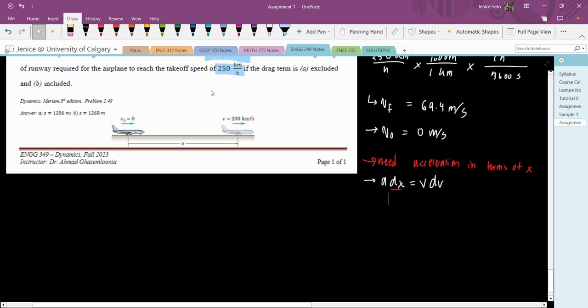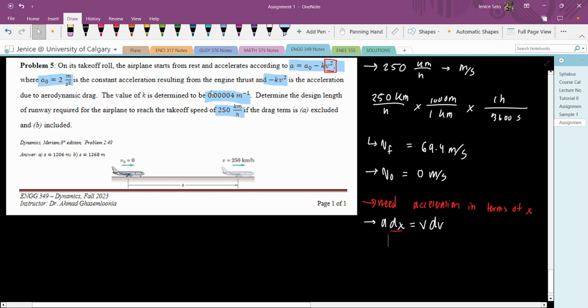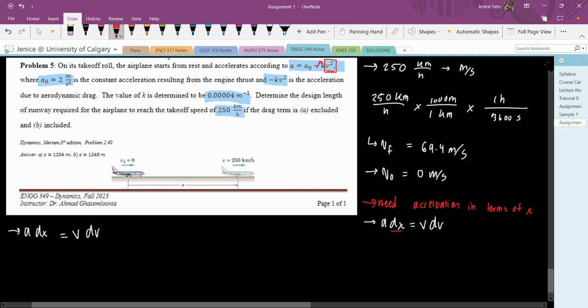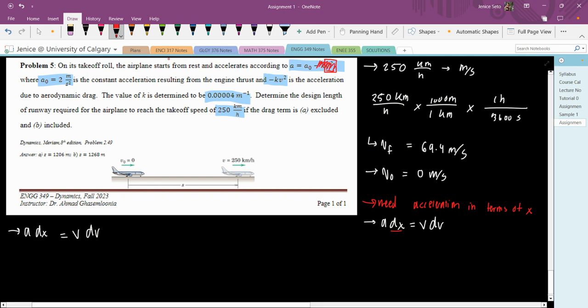So let's start. This is our a dx equals v dv, and we want to do it with that drag term excluded, so I'm going to scribble that out.